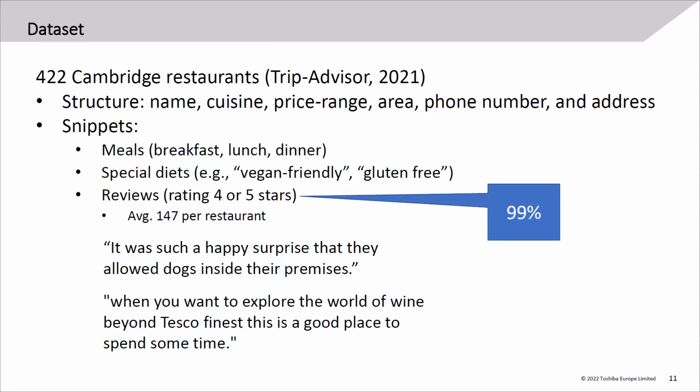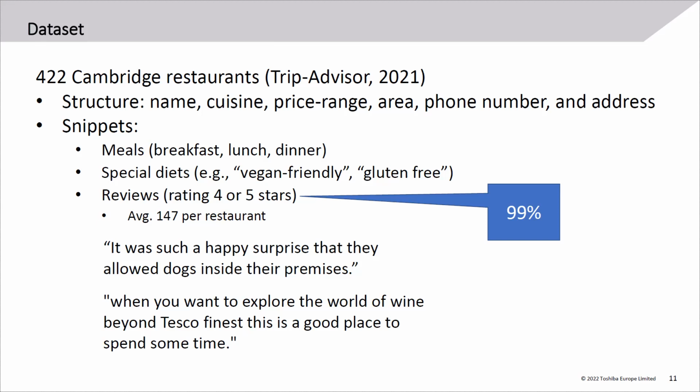In addition to that, each restaurant has snippets associated with it. The snippets include information such as meals, whether it has breakfast, lunch, or dinner, special diets, such as vegan-friendly, gluten-free, and most of the snippets are reviews.